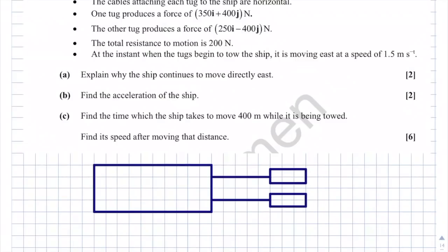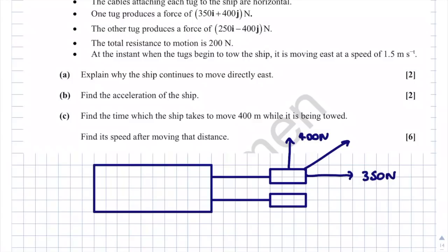Now, we're told that one tug produces a force of 350i plus 400j. If I draw those forces on, that means we're going to have 350 newtons acting in the east direction, and then 400 newtons acting north. There would be some resultant force between them, but we've got to consider the second tug.